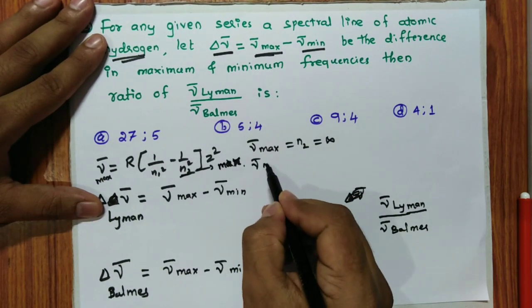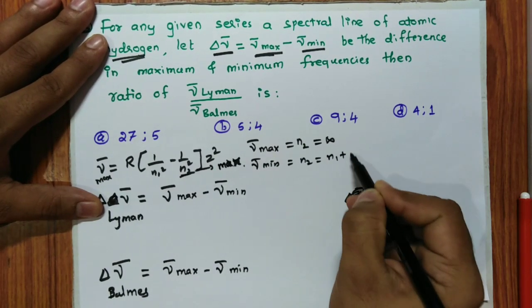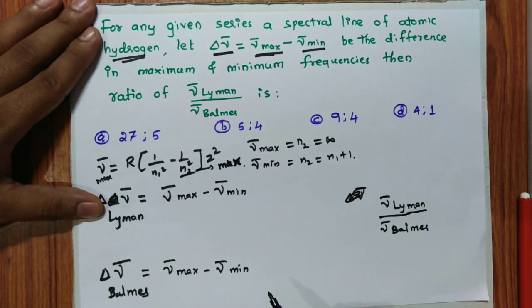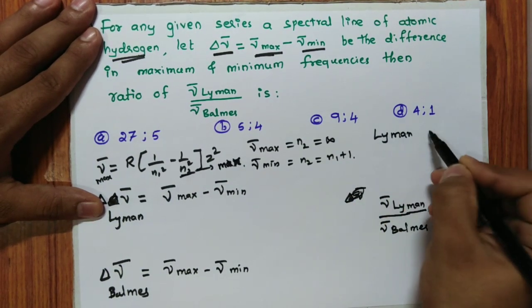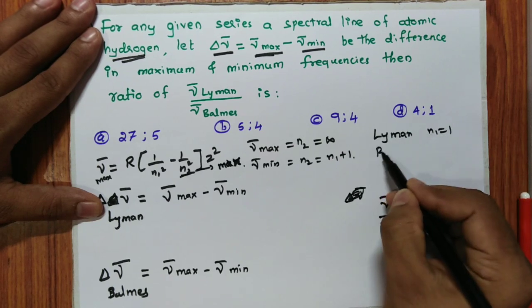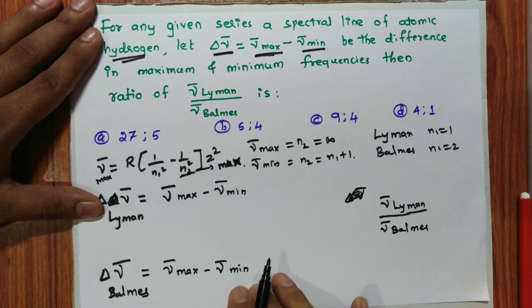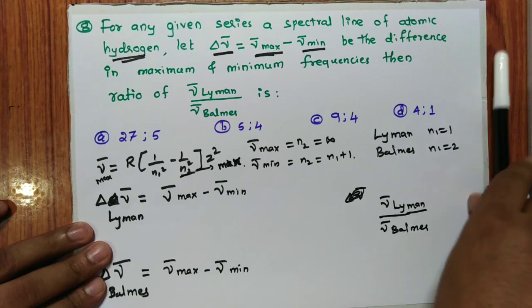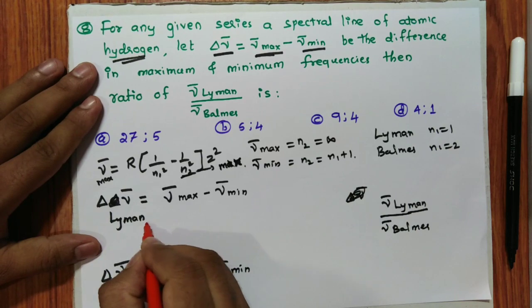If nu bar minimum is required, N2 should be N1 plus 1. So write N1 plus 1. For the Lyman series, remember N1 is equal to 1, and for the Balmer series N1 is equal to 2. So remember that.